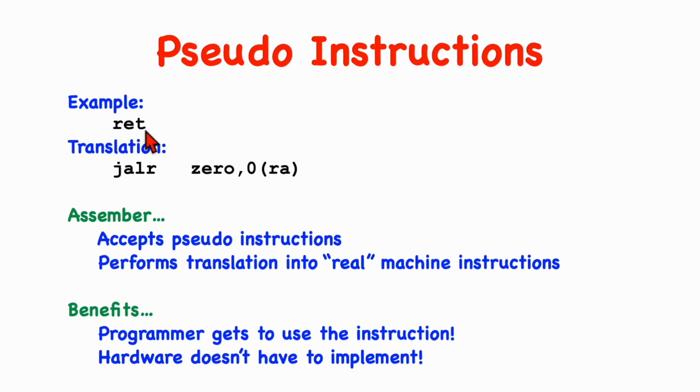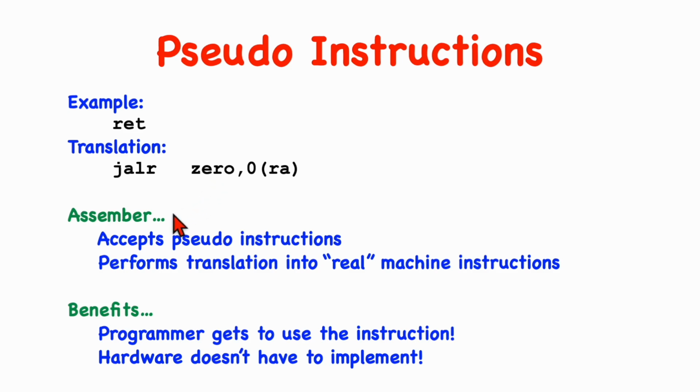And the assembler is going to recognize the return opcode and automatically translate it into another real machine instruction. In particular, it would translate it into the jump and link register instruction. And it would provide the RA register as the source, which contains the address to jump to, and it would provide the 0 register as the destination.